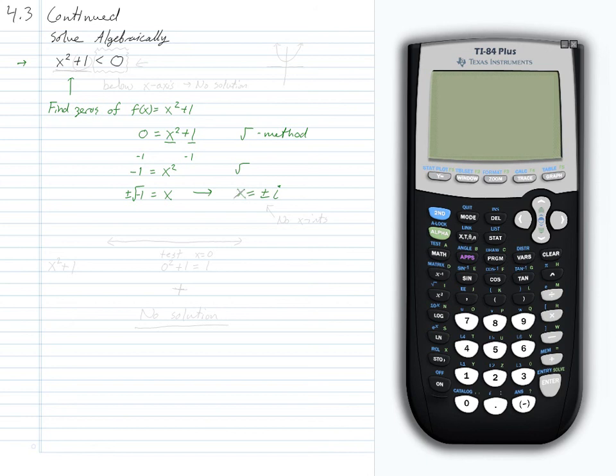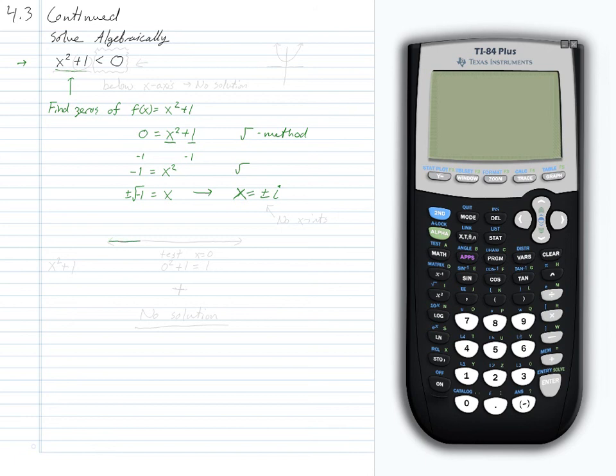Now there is no way for me to plot positive or negative i on a real number line, which means that my graph, if I were to graph x squared plus 1, doesn't actually have any x-intercepts. So there's only one possibility. My graph is on one side of the axis or the other strictly and never crosses the x-axis.